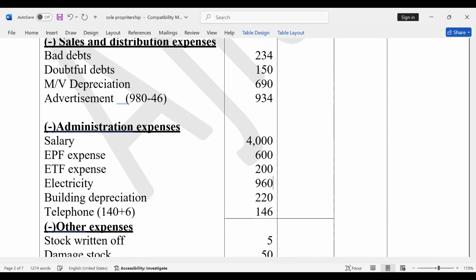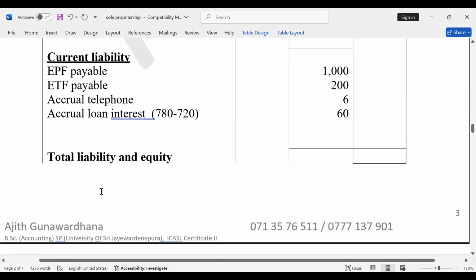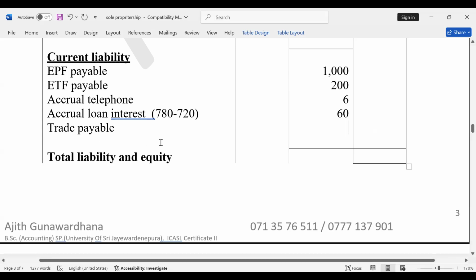Electricity expense is also given, electricity expense under administration. Electricity 960. And trade payable is available. Trade payable under current liability. Trade payable equals creditor. Trade payable value should be recorded in the second column. Trade payable, that is a creditor, value equals 420.